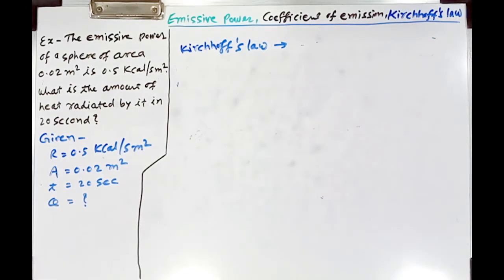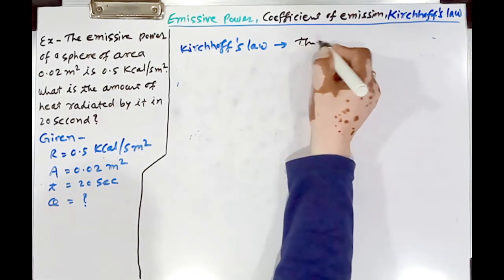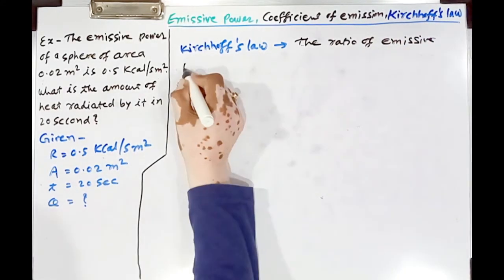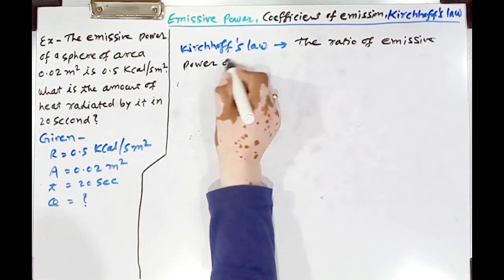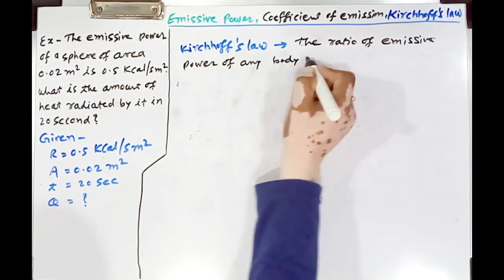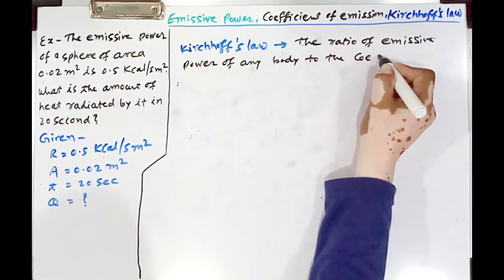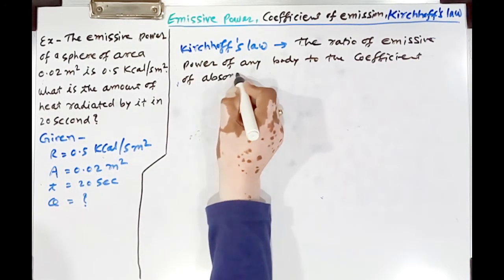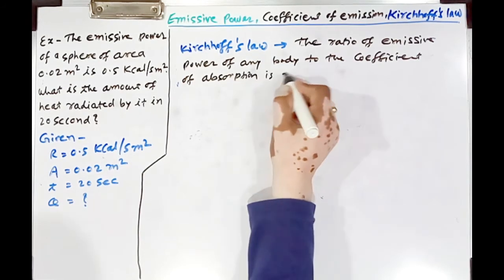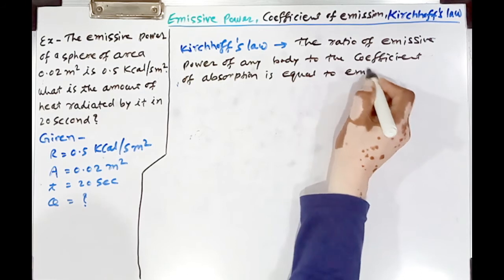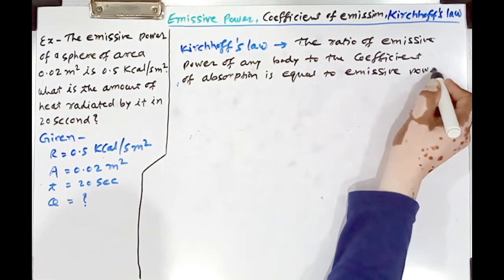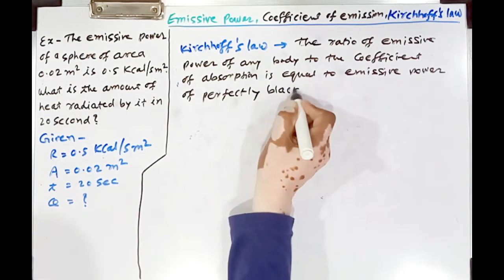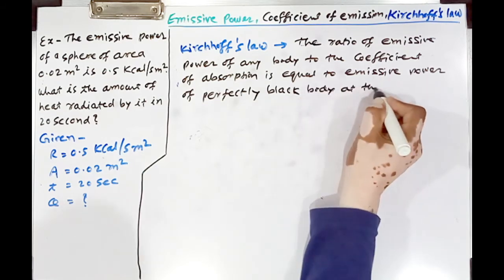According to Kirchhoff's law of radiation, the ratio of emissive power of any body to the coefficient of absorption is equal to the emissive power of a perfectly black body at the same temperature.